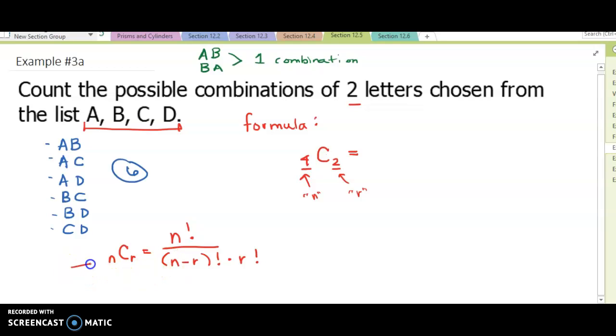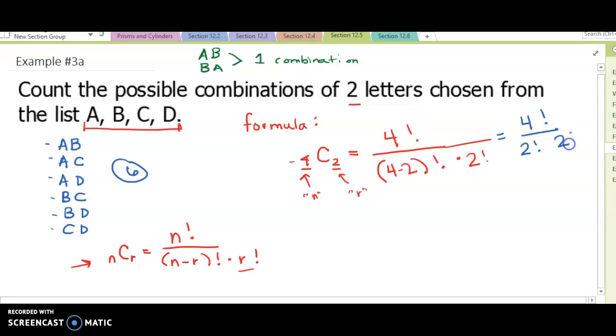If we go off of this formula, our n is 4, so it'd be 4 factorial over n minus r, so (4 minus 2) factorial times r factorial, which is just 2 factorial. If I simplify this, it's 4 factorial over 2 factorial times 2 factorial.